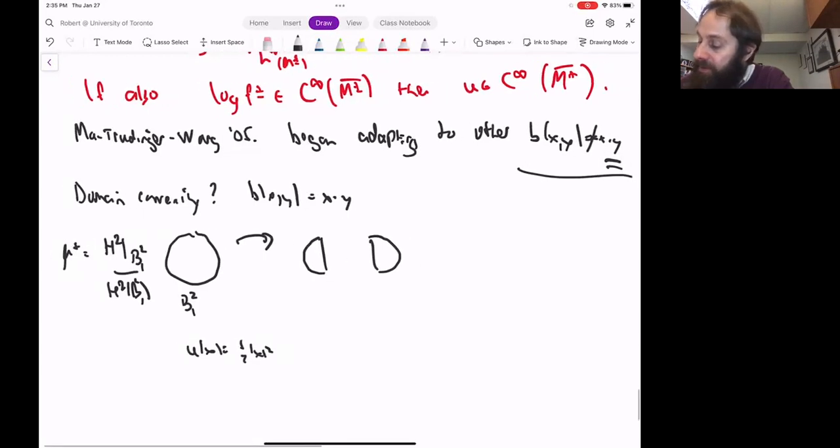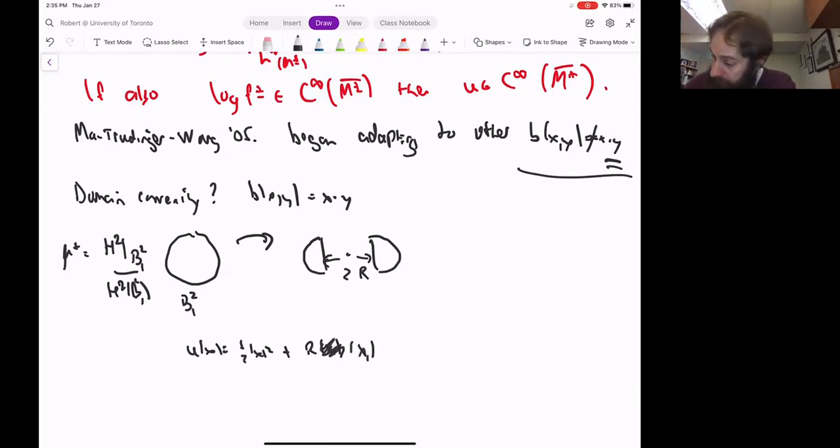But if you split the disk into two pieces and you push them some distance apart, I don't know, maybe 2r, then you would have to add something like r absolute x1 to this, and that would be the optimal map. It's easy to see this is convex, and it's easy to see that this preserves the area. I'm putting uniform measure on these two half disks.